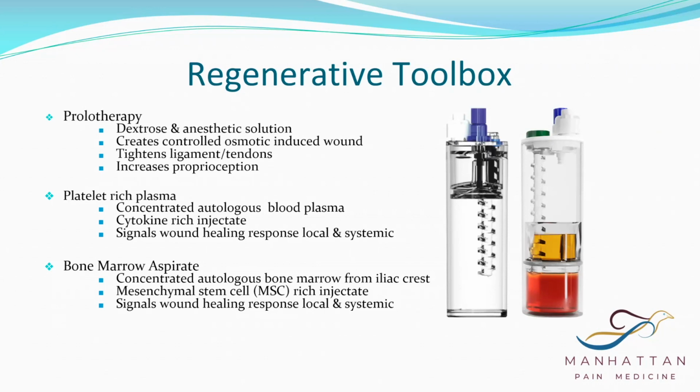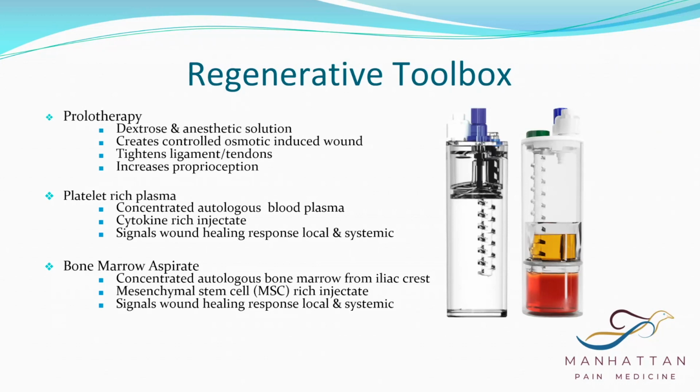The inflammation stimulates local factors such as resident stem cells that are within the tissue, as well as systemic factors that bring in nutrients as well as circulating stem cells into the area where we've created this pseudo wound.